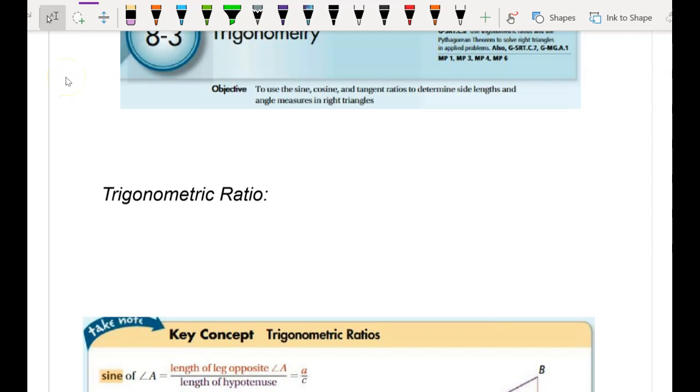Okay, so the first thing we're going to do is start the lesson off with some vocabulary. Trigonometric ratio. So what is that?